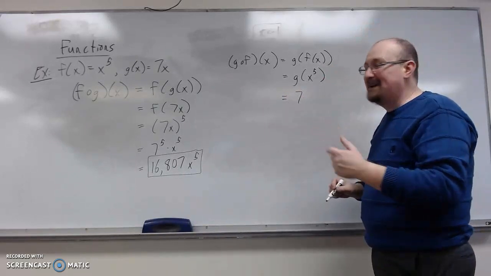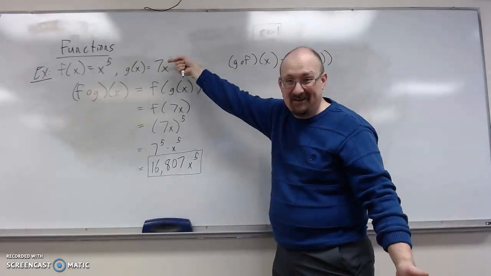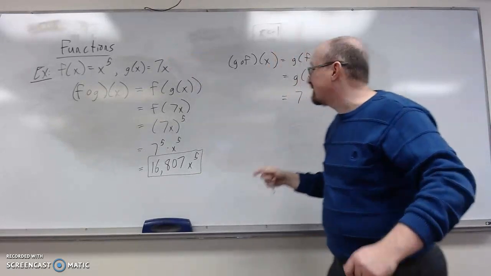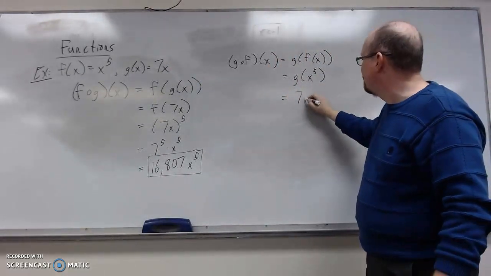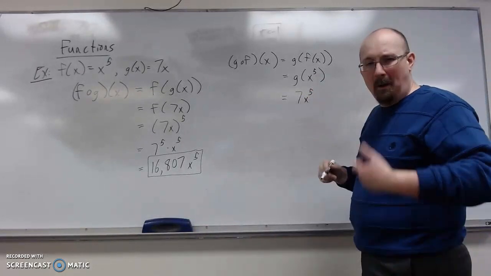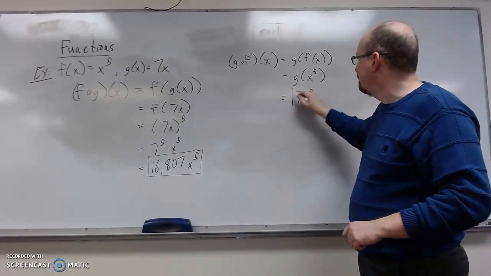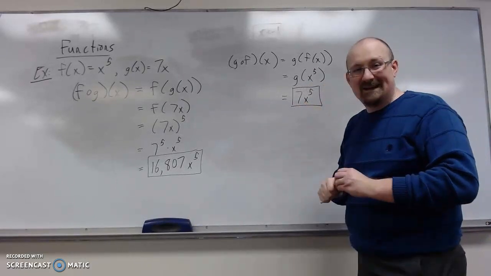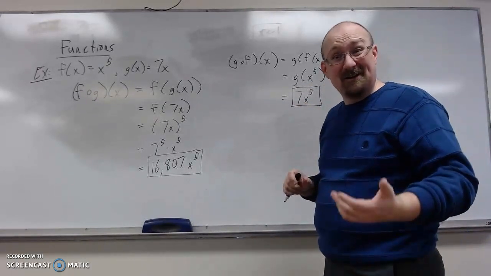And so everywhere we see an x in this formula, it doesn't affect the 7, but instead of this x, we're going to have this guy in its place. So 7x to the fifth, with no applying a power to the 7 in that instance. Those two formulas end up pretty radically different from each other.